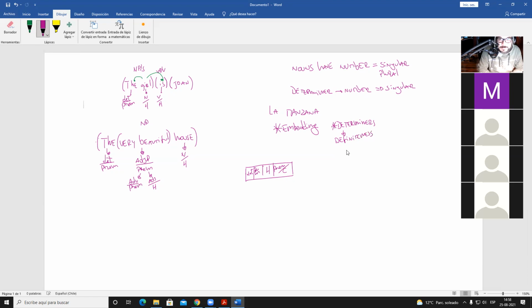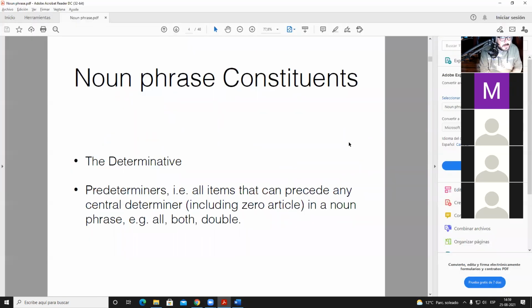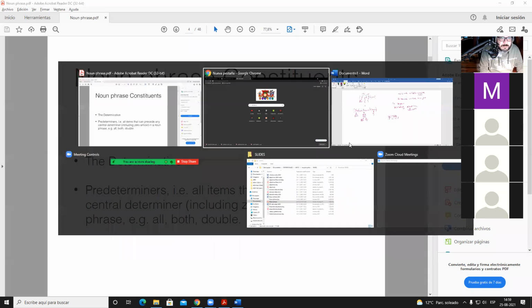Right? Definiteness. That is to say, if there is sufficient knowledge between the speaker and the receiver for them to define, to know exactly what we are talking about. Okay, so the determinative, that's another name for determiners.